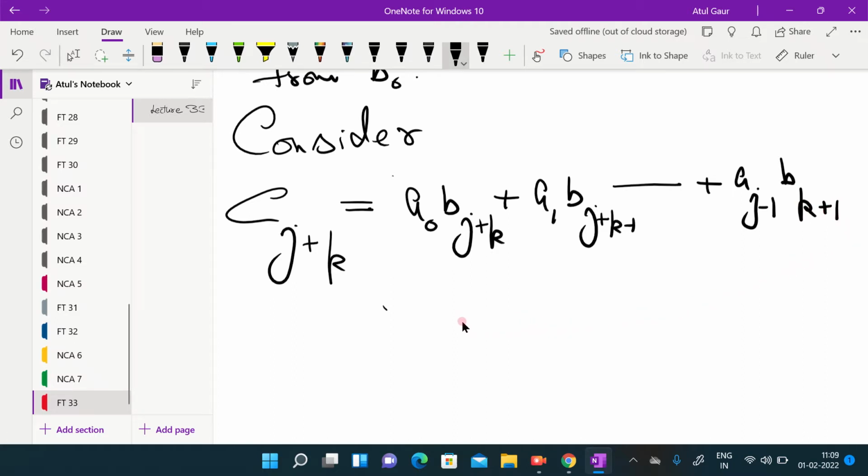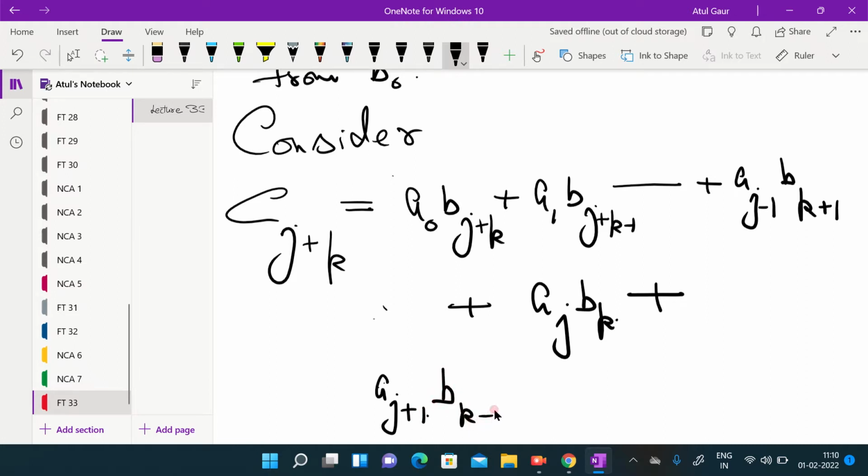Fine. Then the next term will be plus Aj Bk. After this, the next term will be Aj plus 1 Bk minus 1 and so on. Finally, the last term will be Aj plus k B naught.